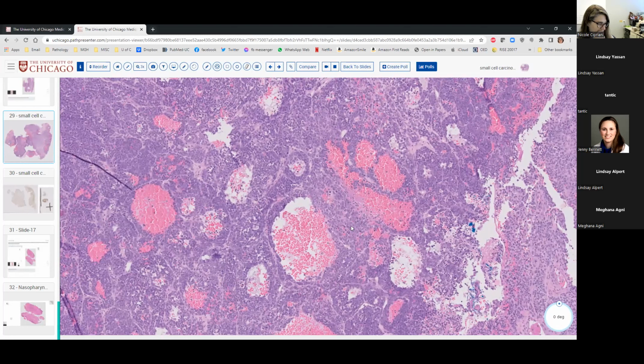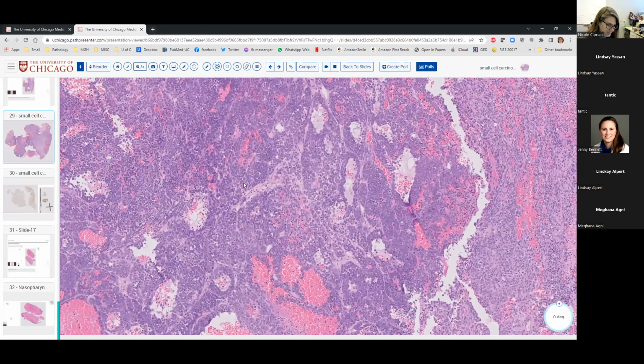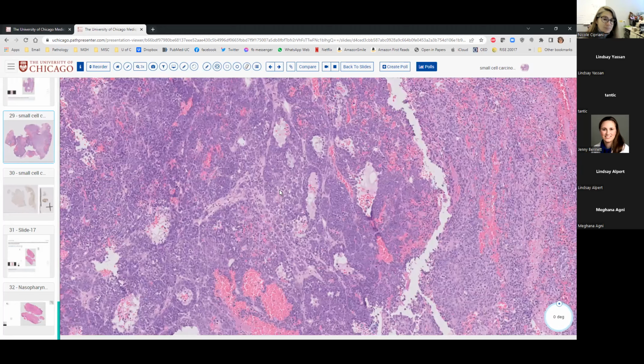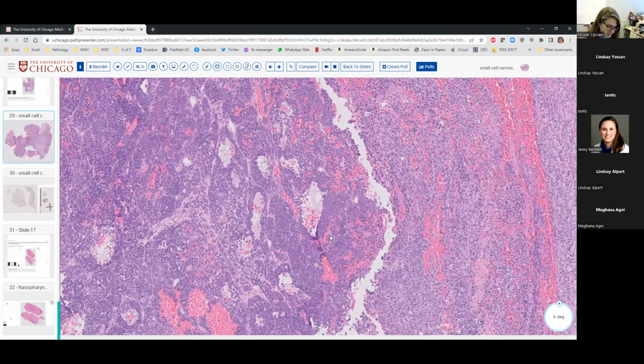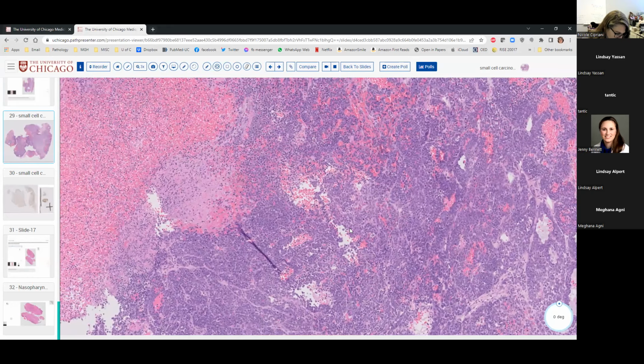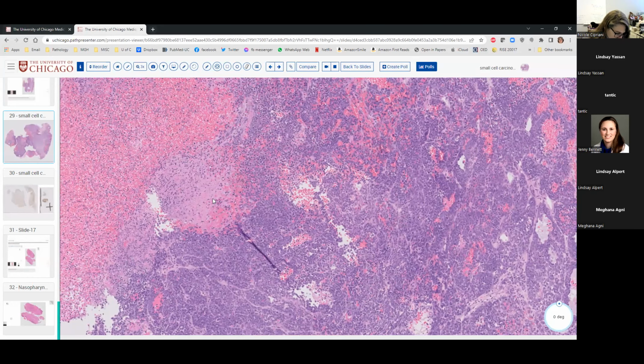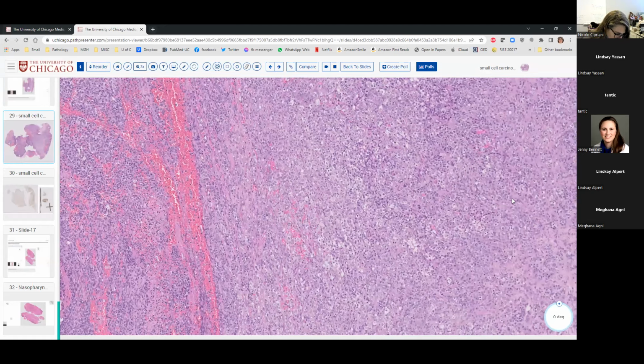Juvenile granulosa cell tumor usually does not have this brisk mitotic activity, although a subset of about 10% can be briskly mitotic and show anaplastic features. But all in all, it should be relatively bland appearing, and all the cells should have moderate to abundant eosinophilic cytoplasm, which we're only seeing in this area over here.